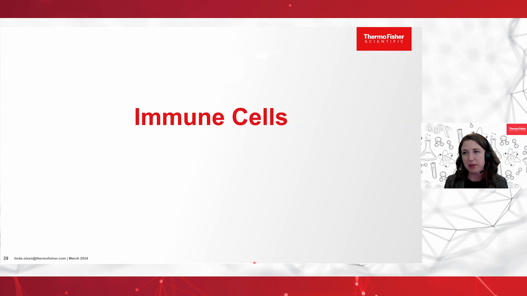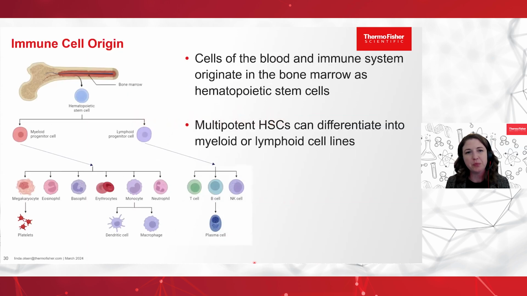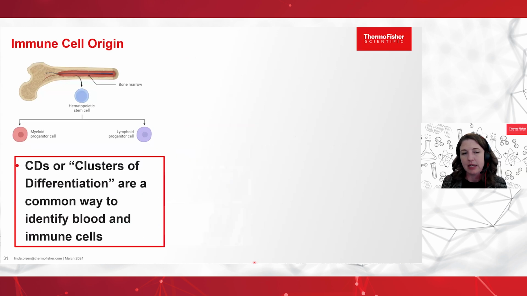Now, moving on to those immune cells. Cells of the blood and the immune system originate in the bone marrow as hematopoietic stem cells, or HSCs. Multipotent HSCs can differentiate into myeloid or lymphoid cell lines. Now, an important key is we often identify cells by clusters of differentiation or CDs.